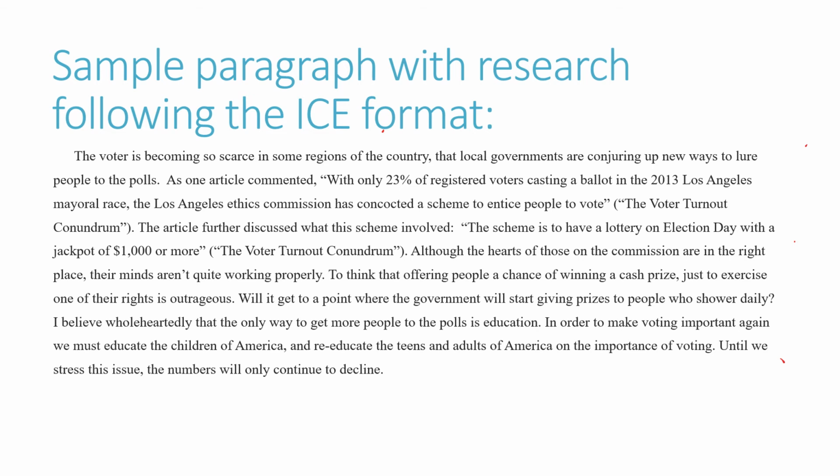Now we have a sentence coming up that has an introduction, a citation, and then another sentence with an introduction and a citation. It's actually the same article. And then after that, an explanation of both quotes. As one article commented, with only 23% of registered voters casting a ballot in the 2013 Los Angeles mayoral race, the Los Angeles Ethics Commission has concocted a scheme to entice people to vote.